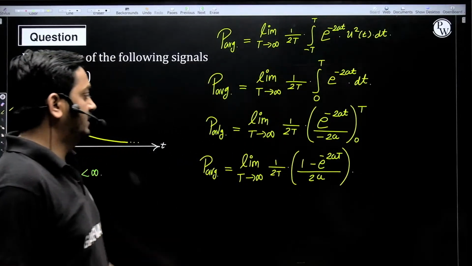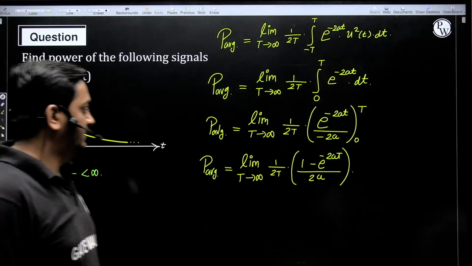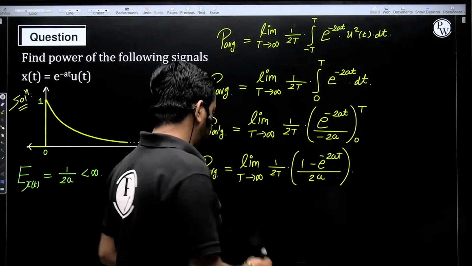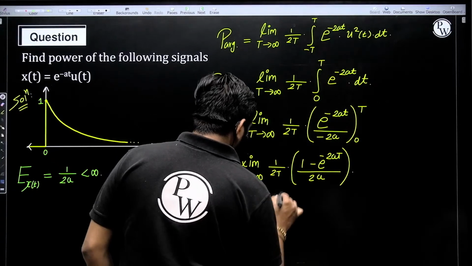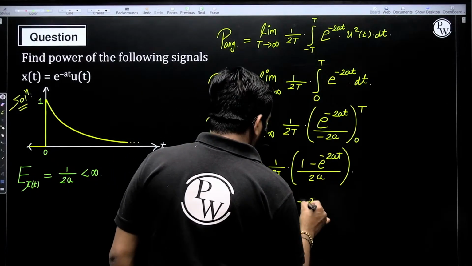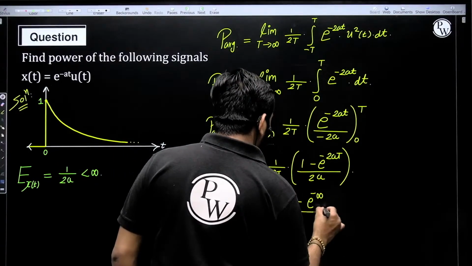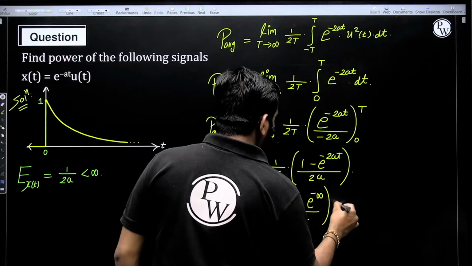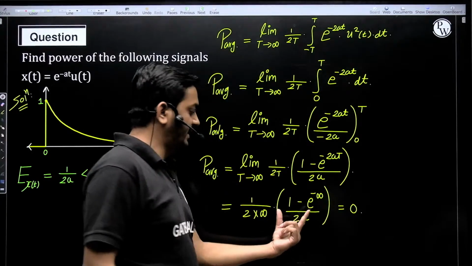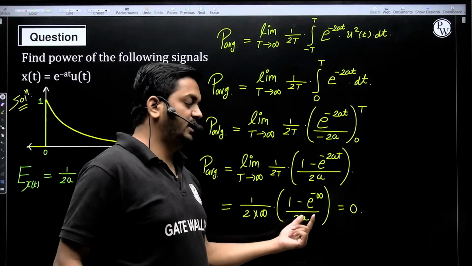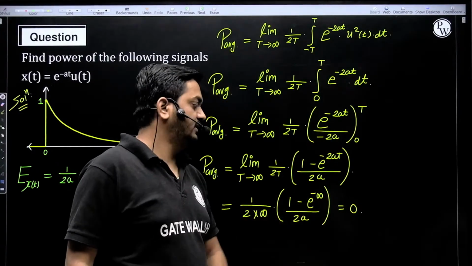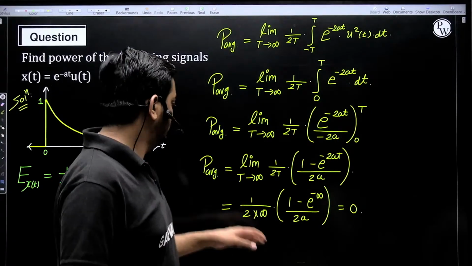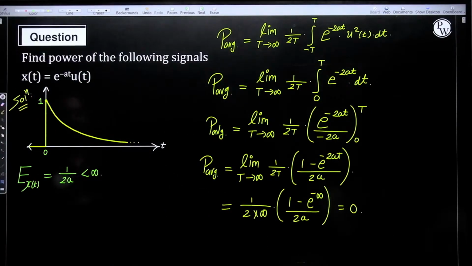Now apply the limit, guys. Here it is 1 upon 2 into infinity, and 1 minus e to the power minus infinity divided by 2a. This part is finite, it is 1 upon 2a, but it is multiplied by 1 by infinity, so that's why it will be 0, guys. So the average power is 0.